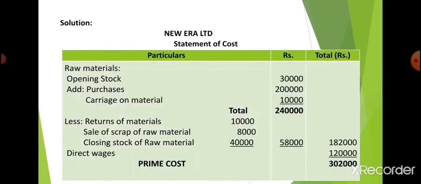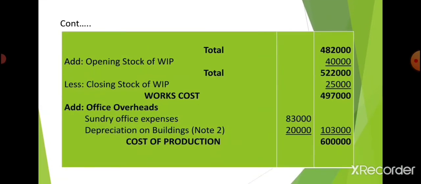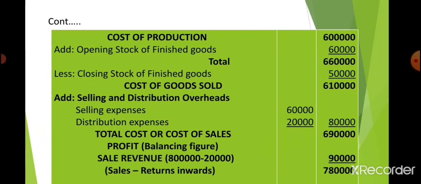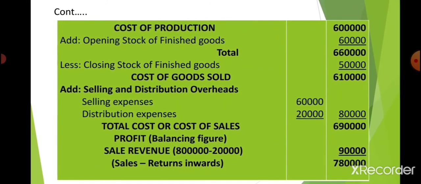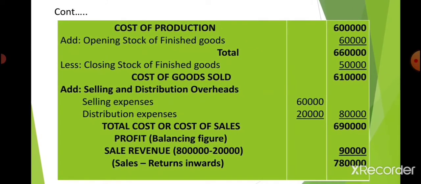So we have to make adjustments before arriving at the cost of goods sold. So 6 lakhs plus 60,000 will be 6 lakhs 60,000. From this we deduct the closing stock of finished goods 50,000. So 6 lakh 60,000 minus 50,000 equals 6 lakh 10,000, that is equal to cost of goods sold.